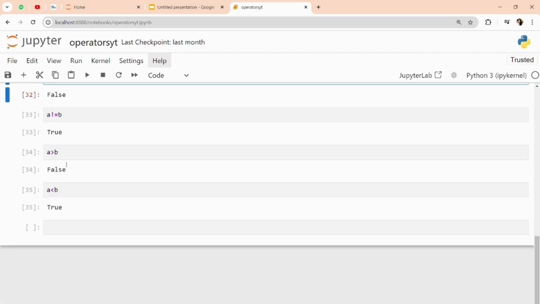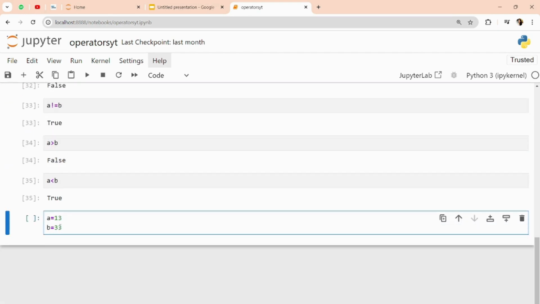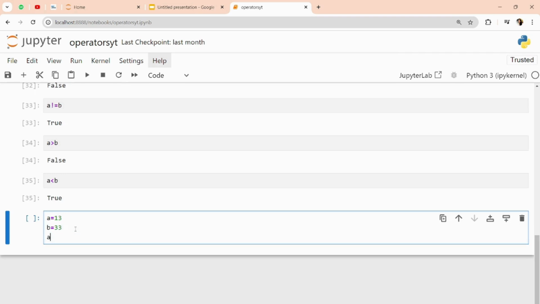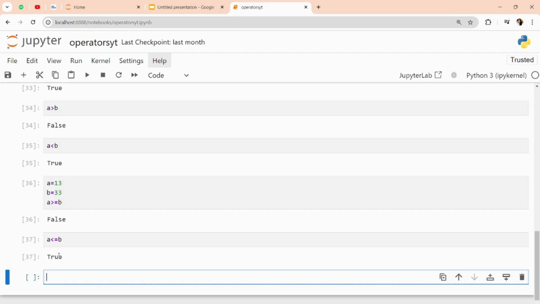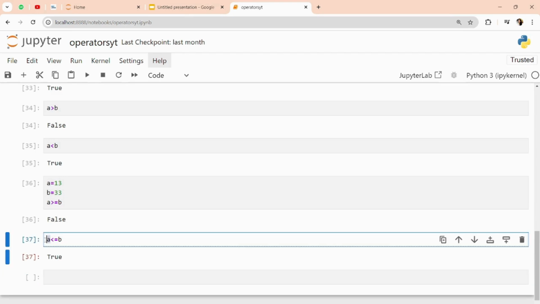A greater than or equal to B? No. If A is less than or equal to B? Yes, because here A is 13 and B is 33. So there is one condition, in this operator, which is true, so it will give you true.